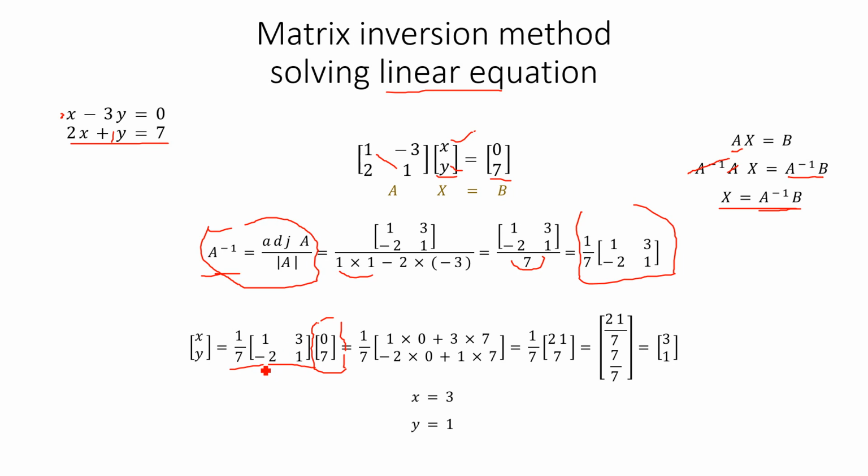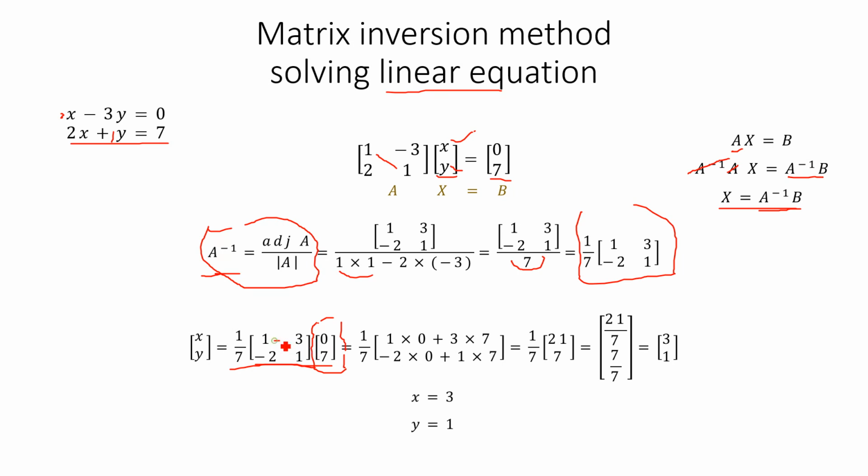Now we are going to multiply A inverse with matrix B, and here first we will multiply these two matrices. The multiplication of these two matrices is possible because there are two columns in the first matrix and two rows in the second matrix. If the number of columns in the first matrix is equal to the number of rows in the second matrix, then the multiplication is possible.